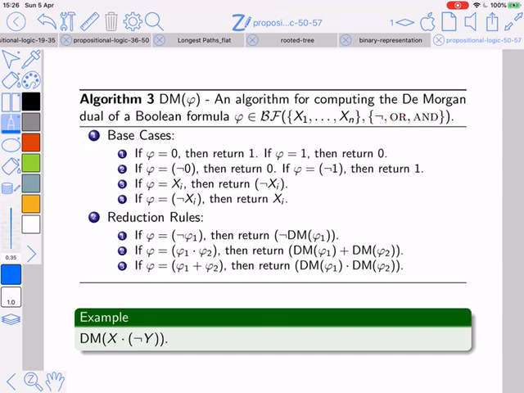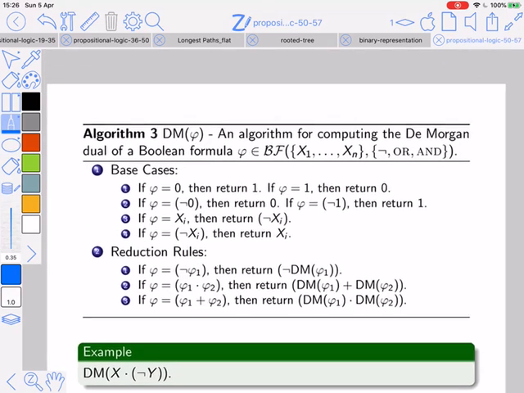Okay, three logical connectives. And this is basically the same thing that we just showed, but described in a recursive fashion. The base cases, well, in the base cases, the formula either is a constant, a variable, a negation of a constant, or a negation of a variable. These are the four base cases.